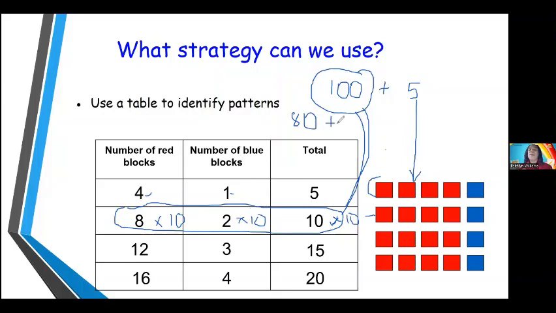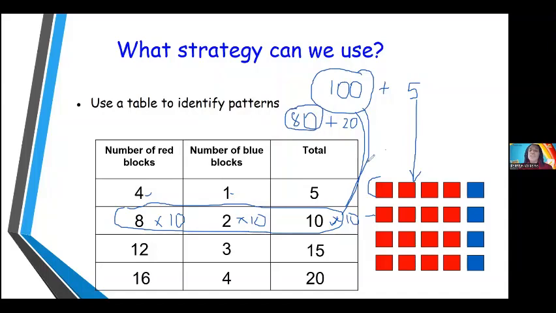So 20 of the 100 blocks are blue blocks. And that would give us the total of 100. And so, boys and girls, using the pattern, you could have completed the table as well as arrive at how many. So we are seeing 80 here.